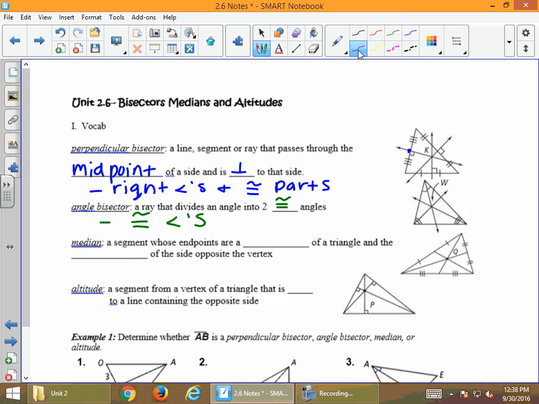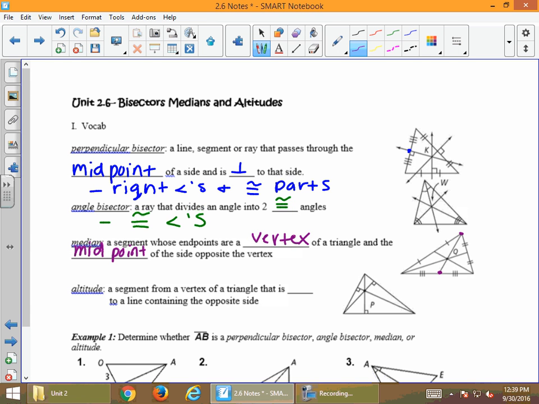A median is a segment whose endpoints are a vertex of your triangle and the midpoint of the opposite side. So if we look at the diagram, here's one end of the segment. It's at the angle. It drops down. And we know it's at the midpoint because of these tick marks.